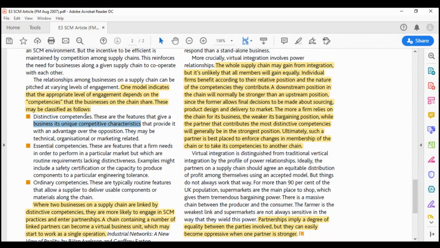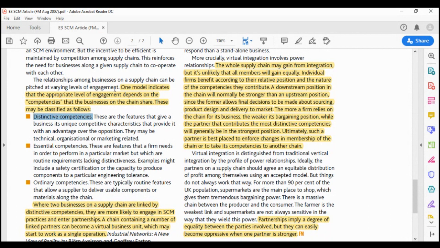So in a successful or beneficial supply chain system, you typically have various parties within the supply chain that have distinctive competencies, and they basically work together for the supply chain as a whole to gain competitive advantage.